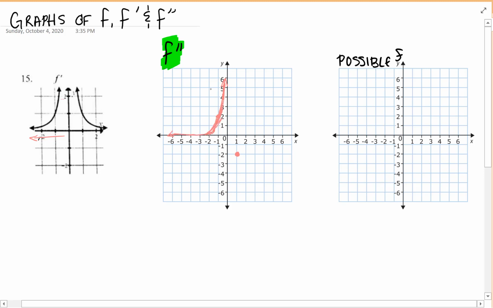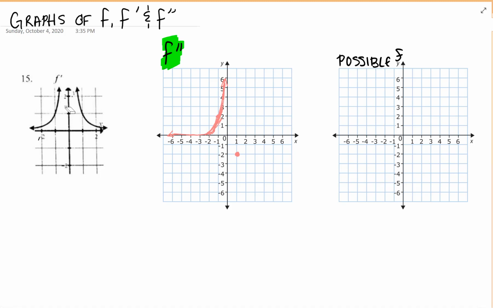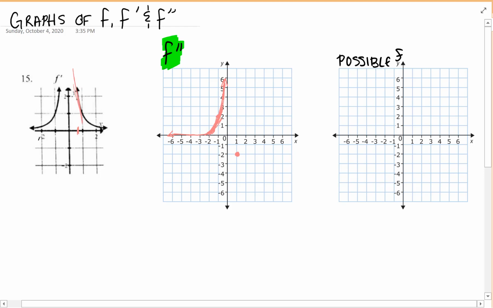Now, I do see that this graph, f prime, has y-axis symmetry, and so I can estimate that f prime prime will have some type of symmetry. Maybe it will have origin symmetry, but let's see. Testing some of our slopes, if we tried the same one, like 0.75, I believe we would get something like -3.